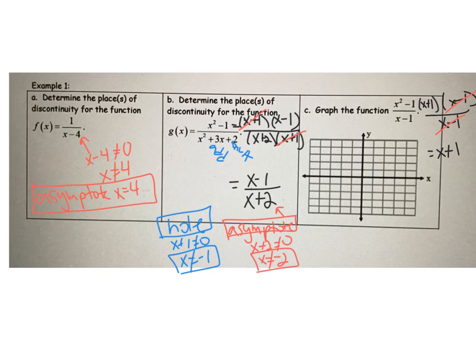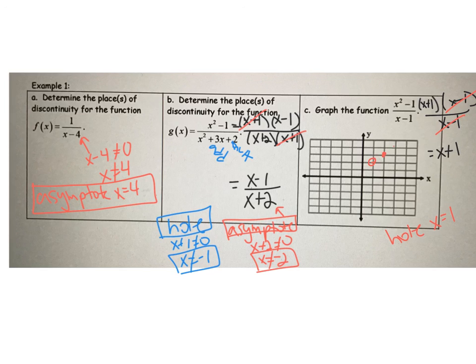So if we think about this graphically, because we have something canceling, that means that we're going to have a hole there. So we have a hole where it cancels, so x minus 1 means the hole is going to be at positive 1. So if I plug in 1 here, 1 plus 1 is going to be 2. So at positive 1, 2, we have a hole. So next, let's plug in values. If you plug in 2, 2 plus 1 is 3.